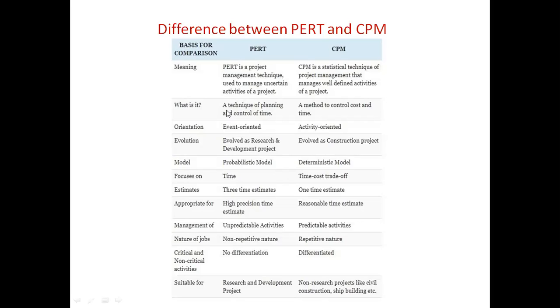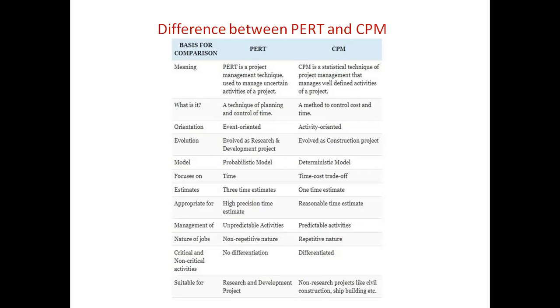In the case of PERT, it is a technique of planning and controlling of the time. PERT is used for planning the project, and during the execution, the controlling of the time of each activity is done with the help of PERT.